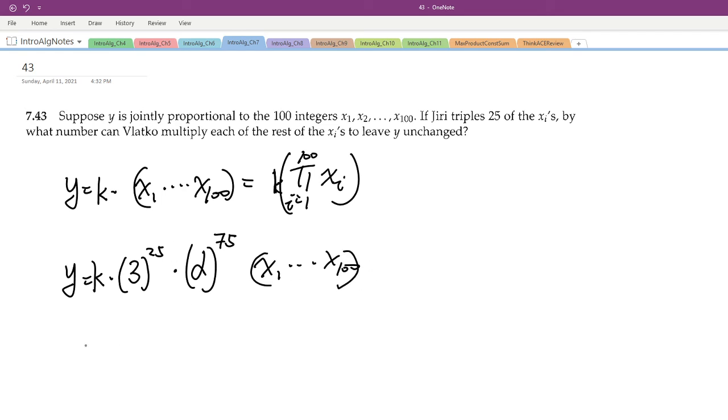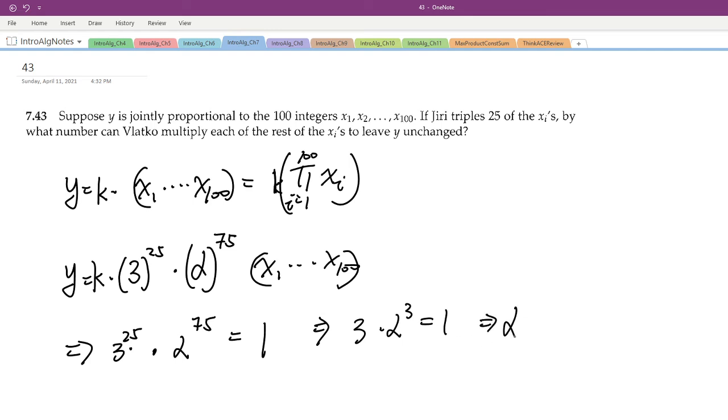So this equivalently means 3 to the 25 times alpha to the 75 is equal to a constant 1, right? When we take the 25th root, this means 3 times alpha to the 3 is equal to 1. So now we can solve it. Alpha is 3 to the negative one-third.